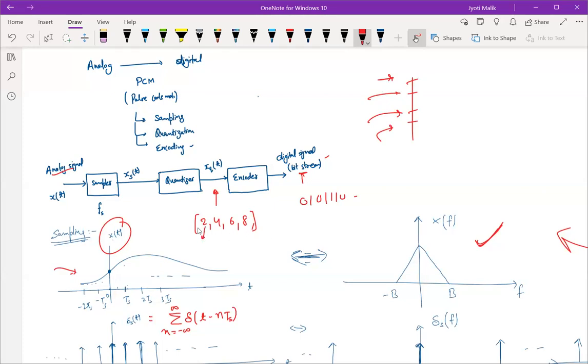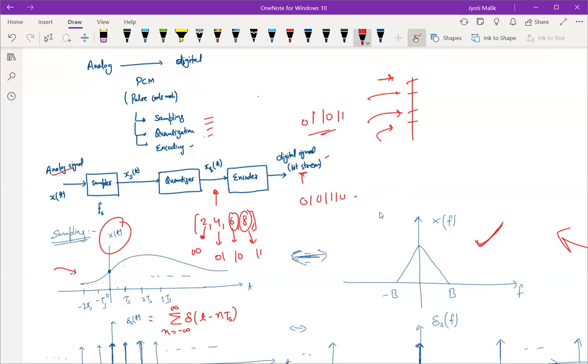For example, we can encode this as 0 0, this as 0 1, this as 1 0, and this as 1 1. So the encoder now has only 4 values to convert into bits. Anytime it gets 6, it will send 1 0. Anytime it gets 8, it will send 1 1. This way we are converting it to a bit stream.